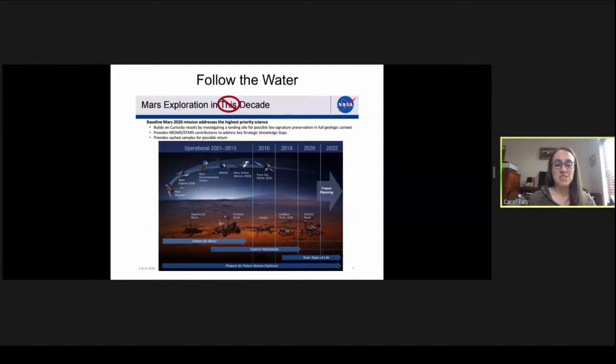Because, of course, if we're going to send long term visitors to Mars, having a localized supply of water is actually quite critical. But I just thought this was nice because it really embodies how NASA had been thinking about habitability based on the Goldilocks or habitable zone, and how it really dictated, shaped, and structured the planning, the cadence of missions, and the types of missions that we were sending to Mars for decades.